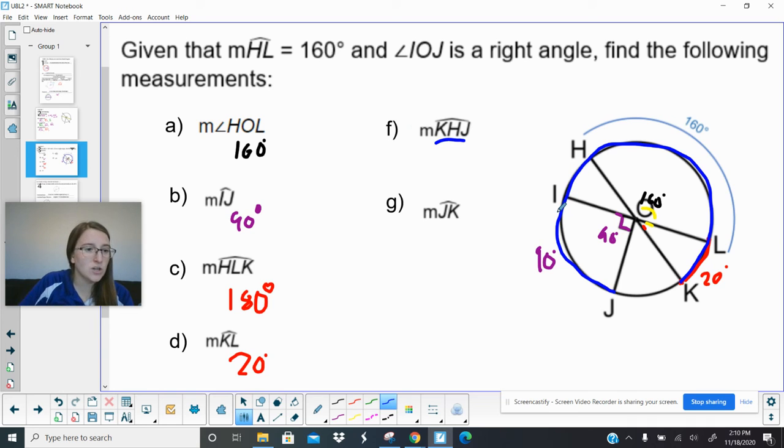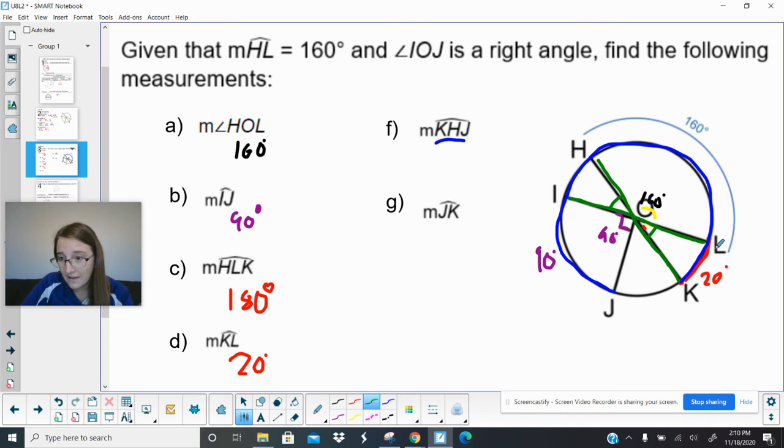So here's what we need to notice about this. Notice that I have these two diameters crossing right here. They cross at the center. What that means is these two angles, if we can recall, what are these angles called when we have a cross that are right across from each other? Those are vertical angles. They're going to be the same.